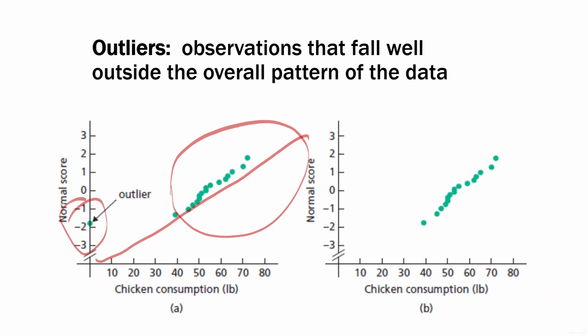Because there's just that one point there, it's an outlier. It falls outside the overall pattern of the plot. Now, in lab, I'm also going to teach you how to calculate a Shapiro-Wilk, which will tell you if something is normal or not based on a statistical test.